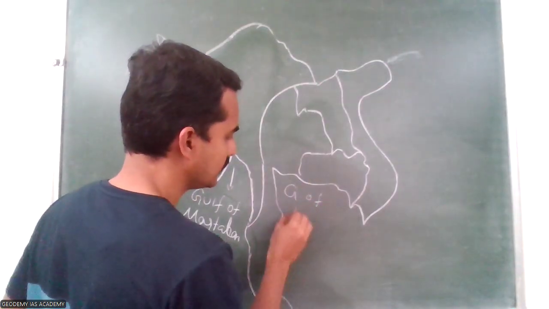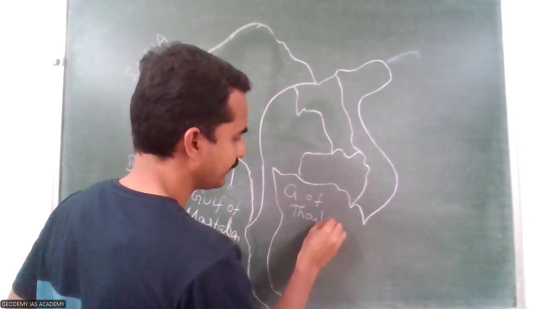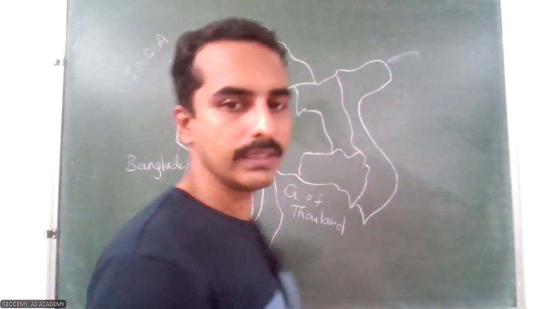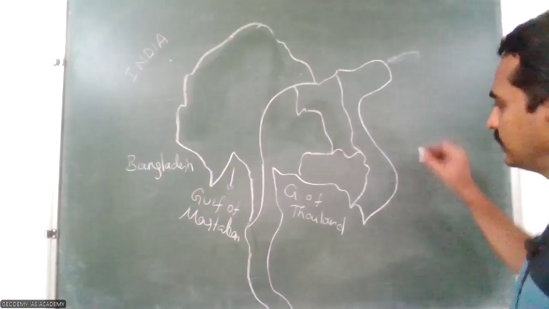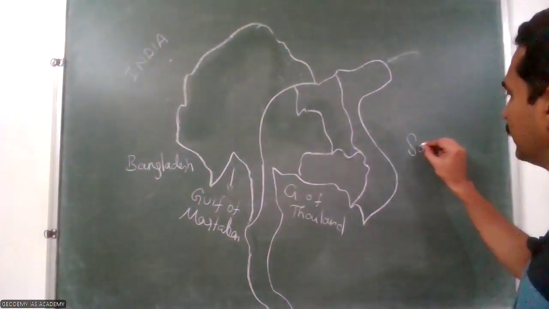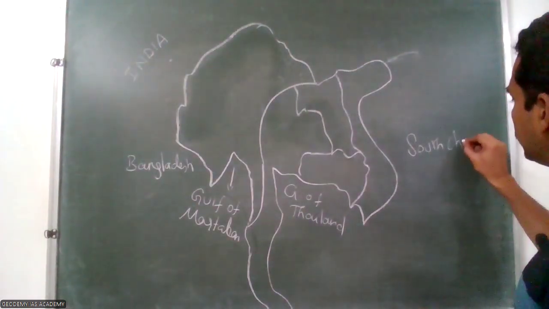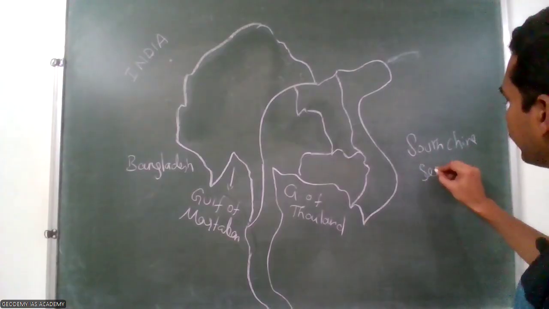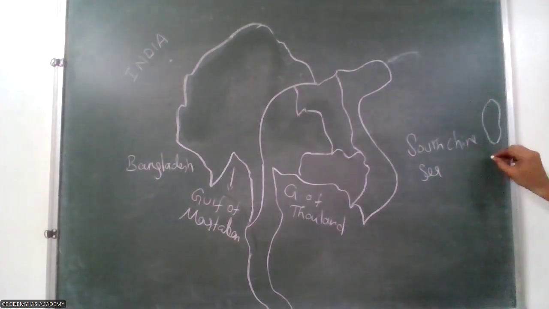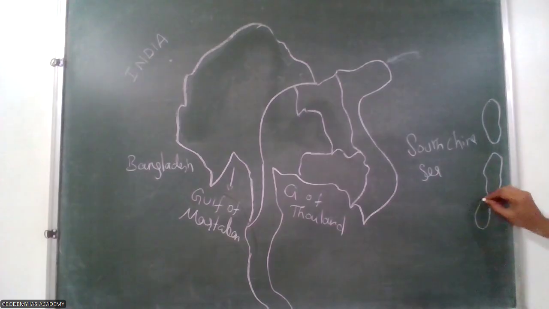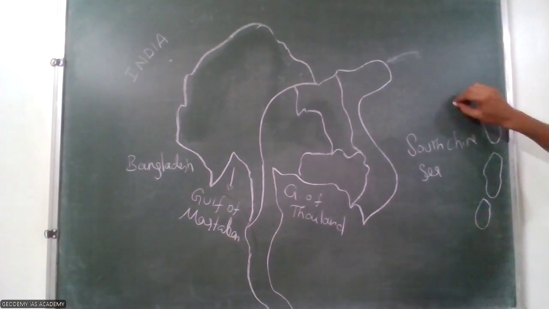So this Gulf is Gulf of Thailand. Okay. And then in the eastern part, here it is South China Sea. The South China Sea is between the Philippine Islands. Okay. Philippines Islands are here. Okay. Philippines.